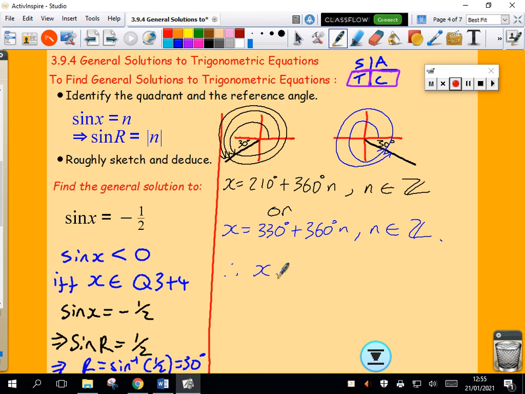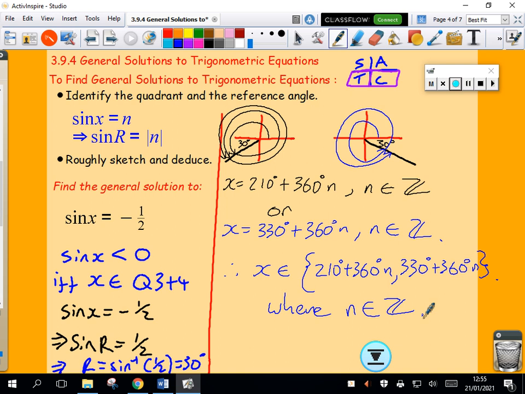Therefore, x belongs to the set containing 210 degrees plus 360 degrees times n, and 330 degrees plus 360 degrees times n. And it's really important that I say where n is an integer, a positive or negative whole number.